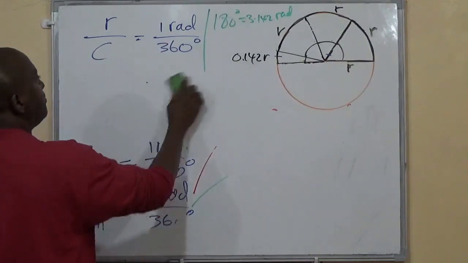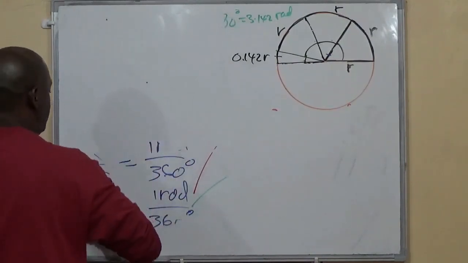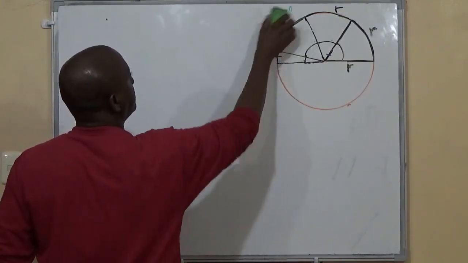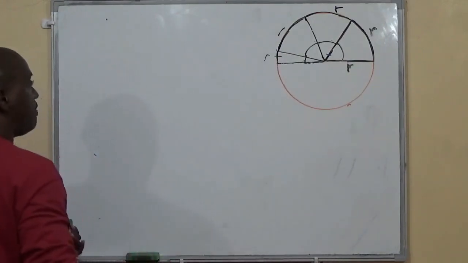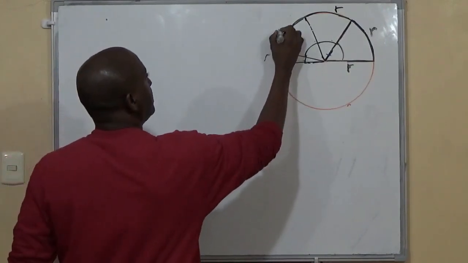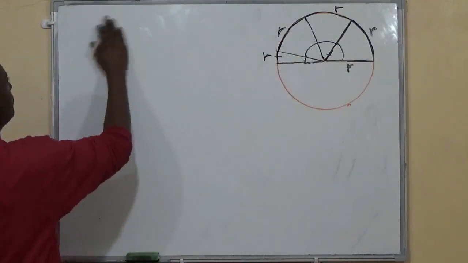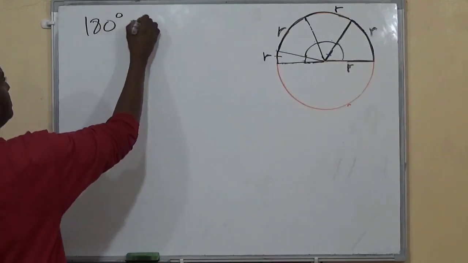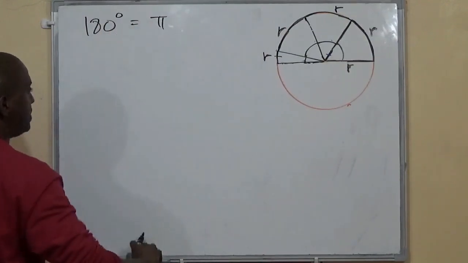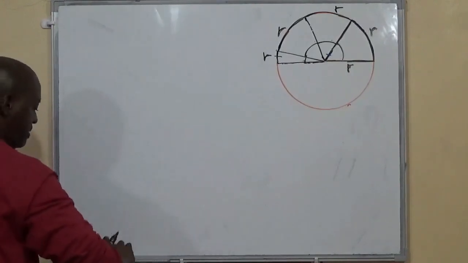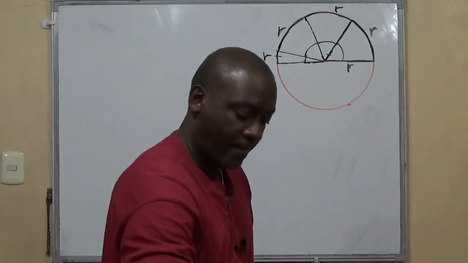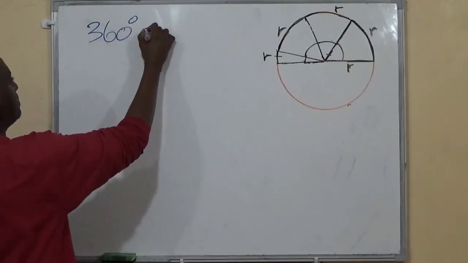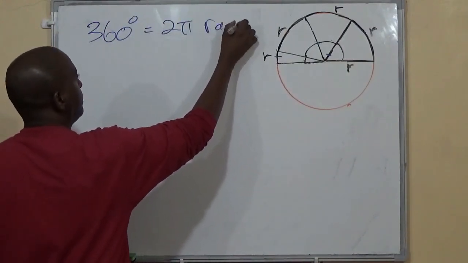We go a little further in terms of getting some values where the relationship between these two angular measures is concerned. So we know from our previous work that 360 degrees is equal to 2 pi radians.